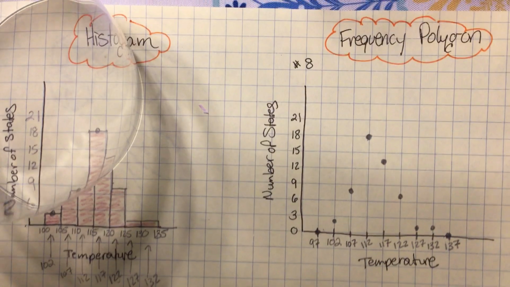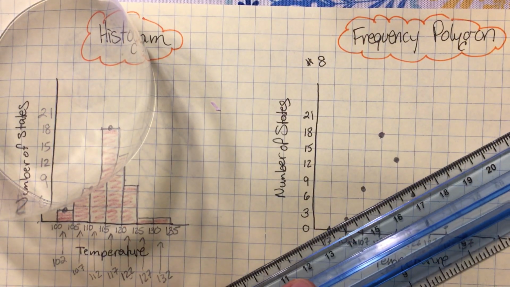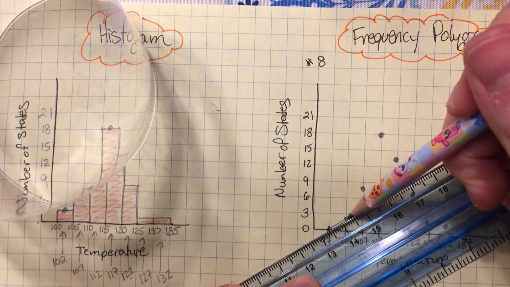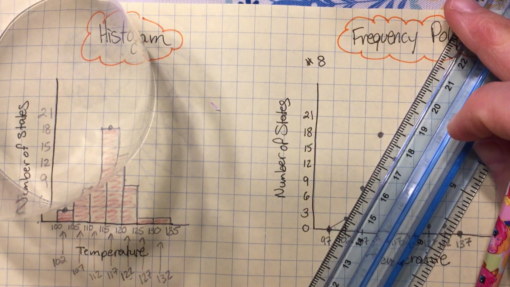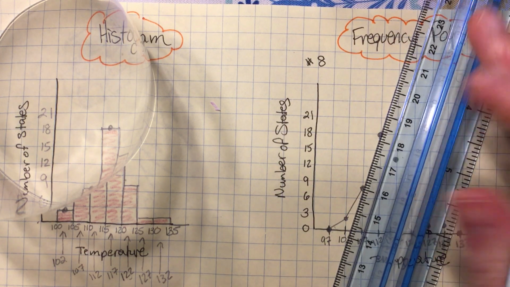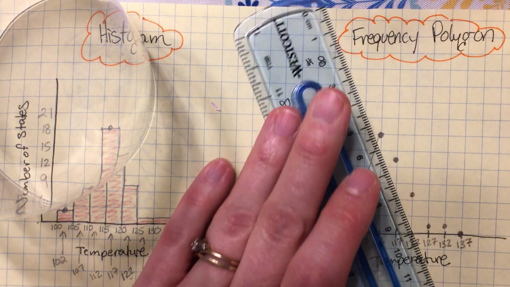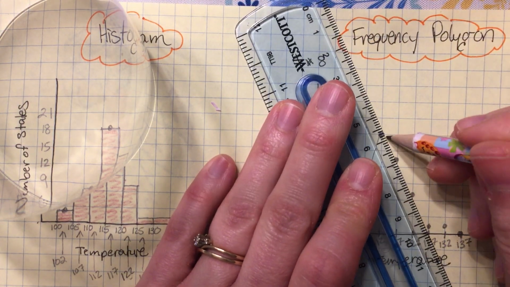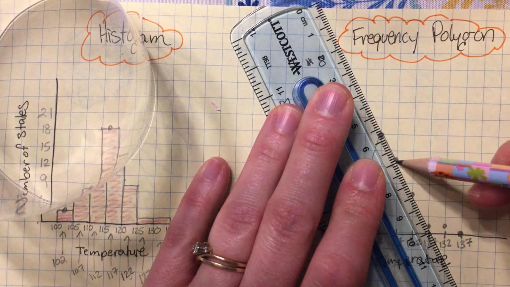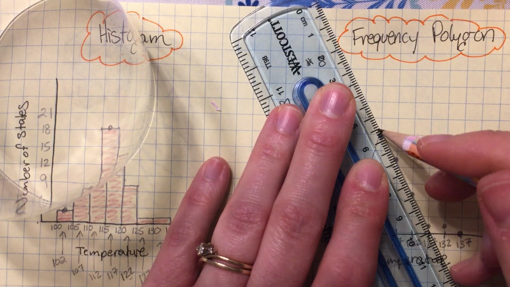Okay, let's see if I can get this phone to balance here. Once again, I think the space provided for you in your text is a little wider than my graph paper. Boy, that almost looks linear.